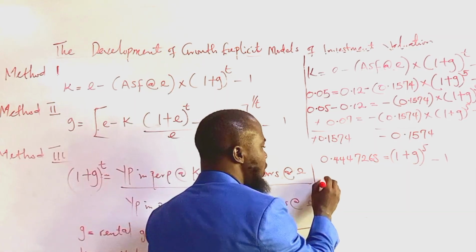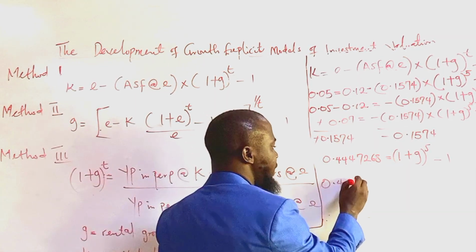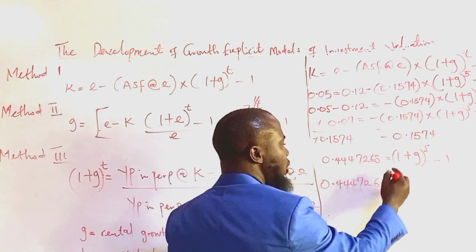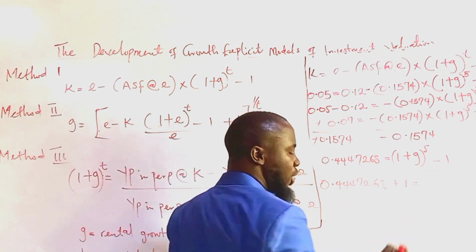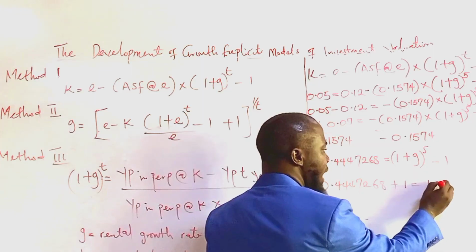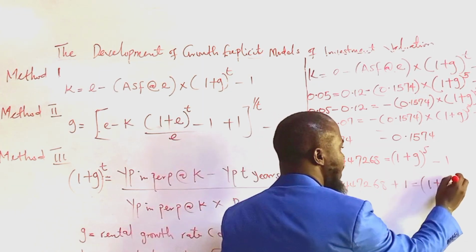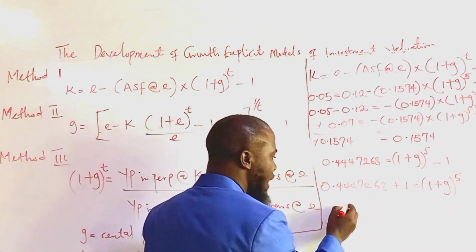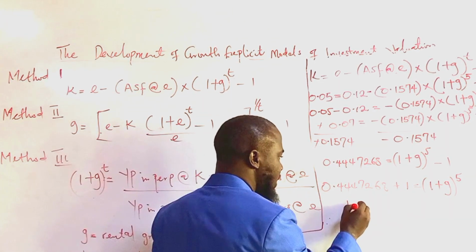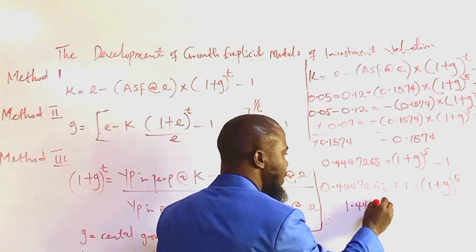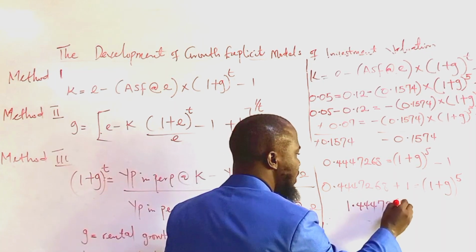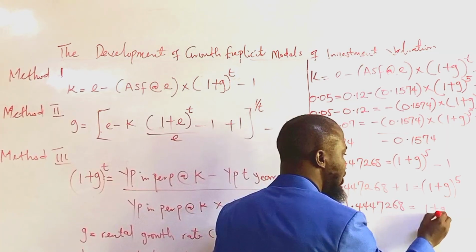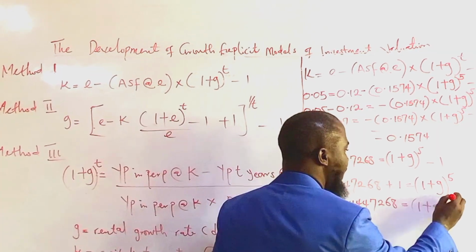That will be 0.4447268. This minus 1 comes into plus 1 equal to 1 plus g raised to the power 5. So we add this with 1, we have 1.4447268 equal to 1 plus g all raised to the power 5.